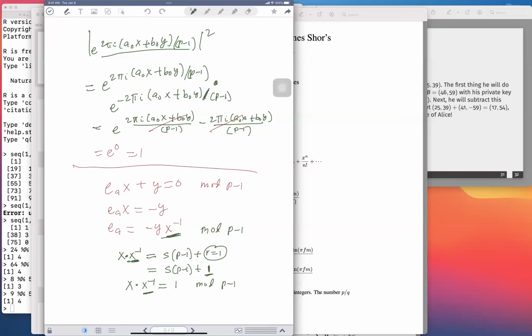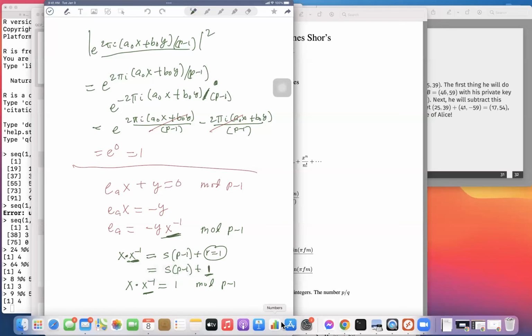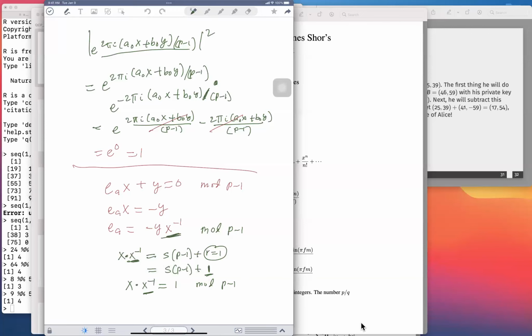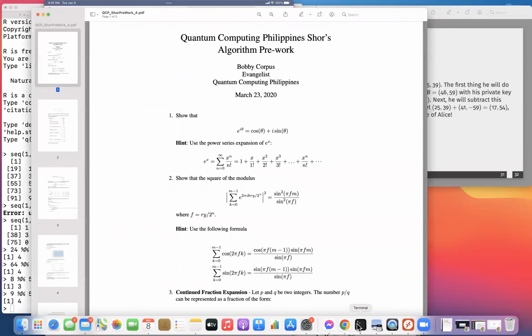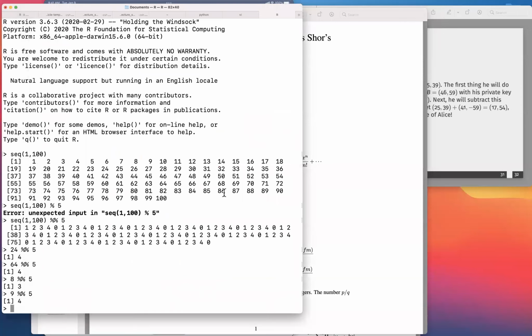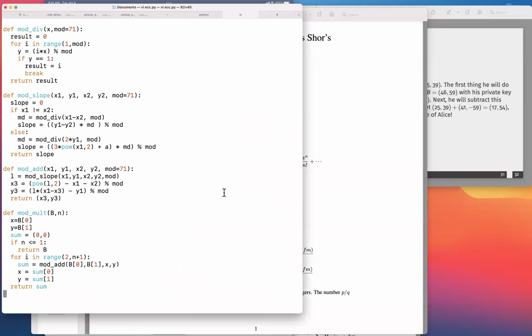We actually have the code for that. So very naive code, but it will illustrate the point. Let's take a look at the code. Yeah, this is the code. This is mod div.